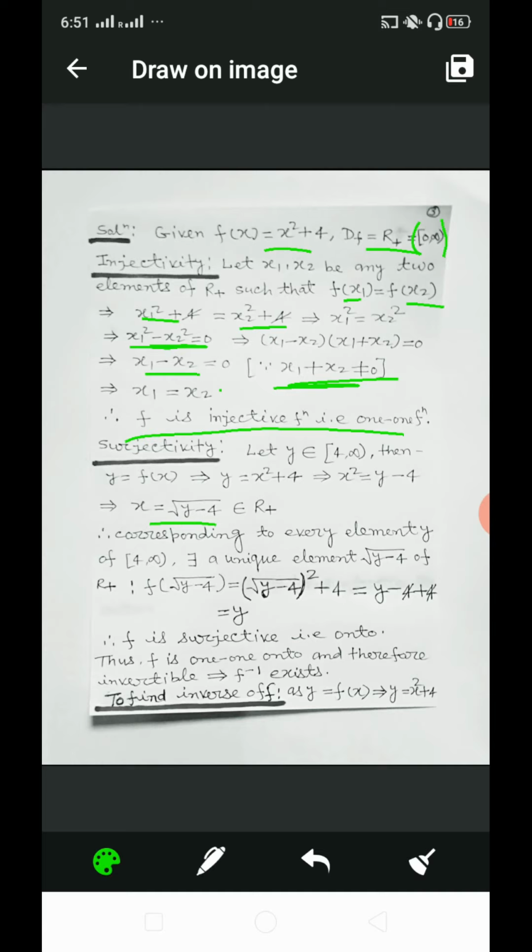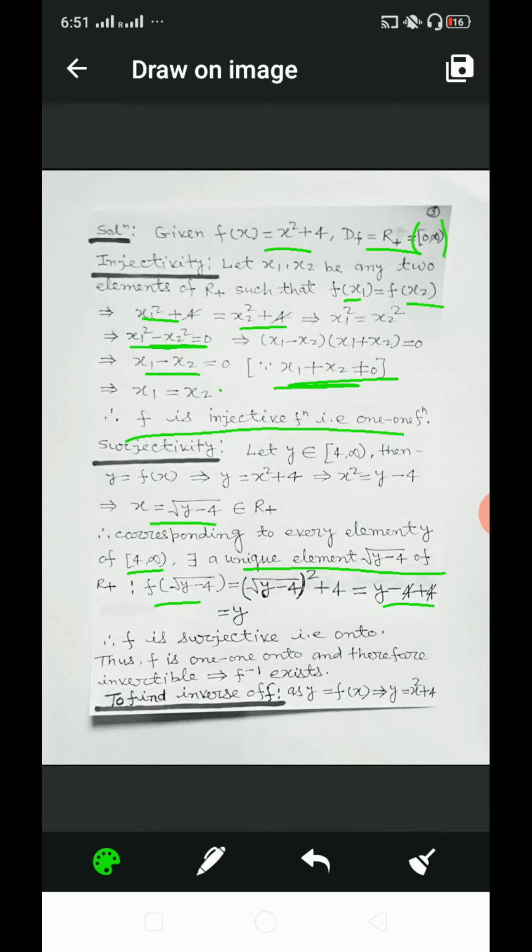So corresponding to every element y of the right half open interval [4, infinity), there exists a unique element square root of y minus 4 of R plus, such that f of square root of y minus 4 is equal to, putting this value in x square plus 4, square of square root of y minus 4 plus 4, and after solving we get y minus 4 plus 4, and this is equal to y.